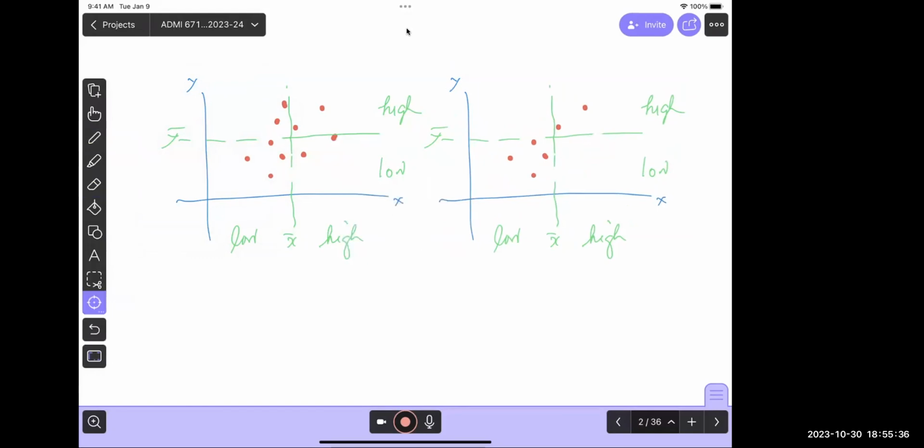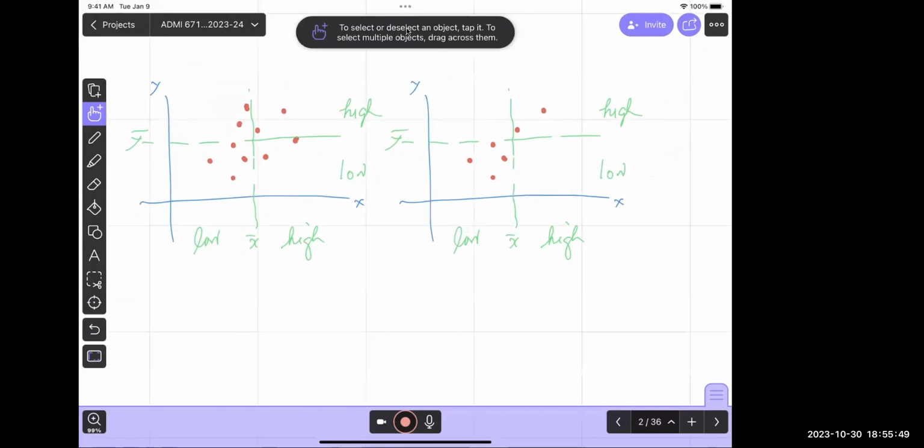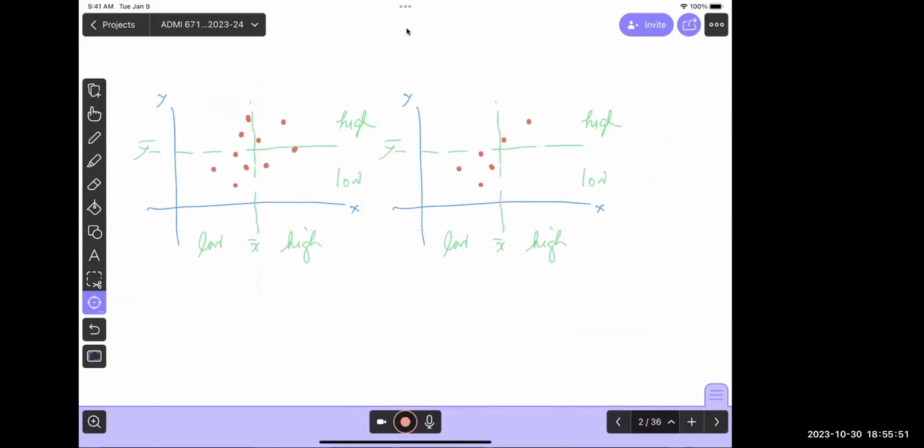Okay, so let's look here. When x is above its mean, where is y? So when x is high, y is? High. So when x is high, y is high. When x is low, where is y?